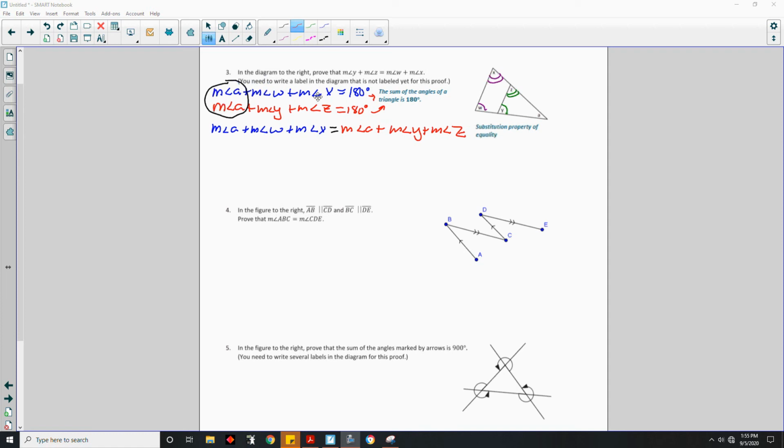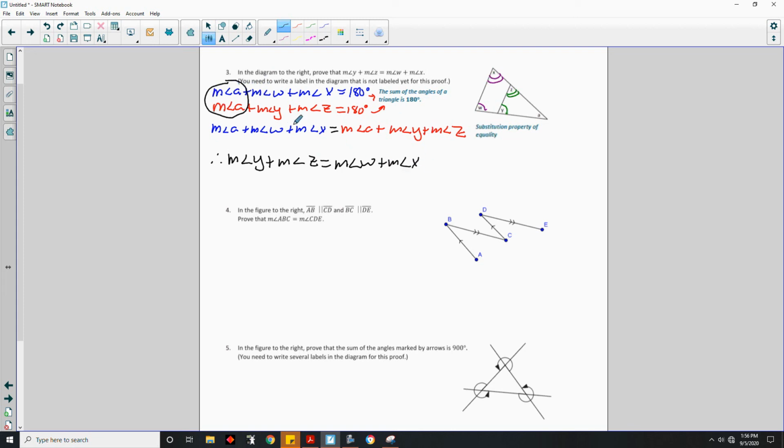And now we can conclude our proof. We proved that the measure of angle Y plus the measure of angle Z equals the measure of angle W plus the measure of angle X. And how do we do that?